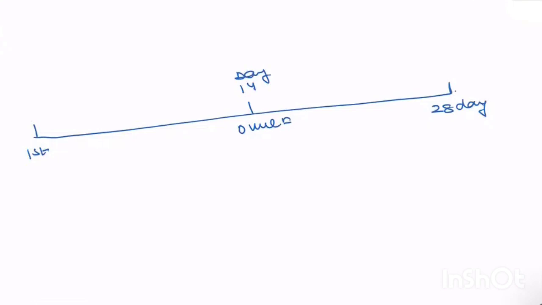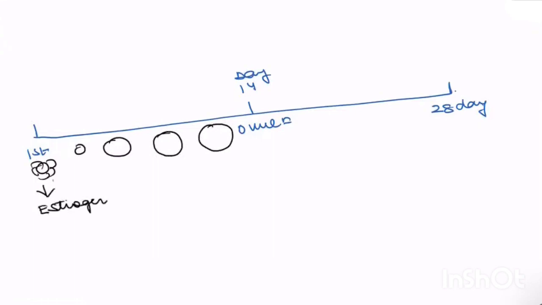Right? Now, in the first half of menstrual cycle, follicle था और follicle धीरे धीरे बड़ा हो रहा था, and follicle was releasing hormone estrogen from the granulosa cells. Estrogen निकल रहा था, right?